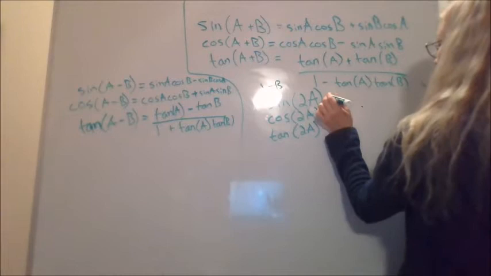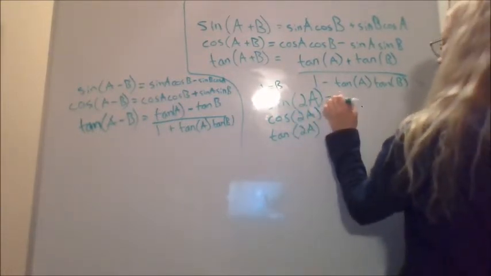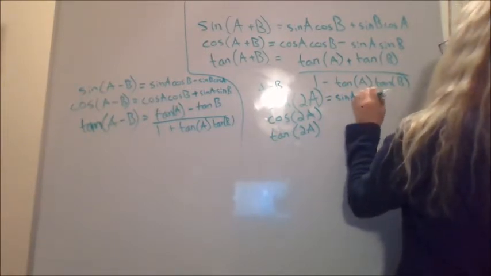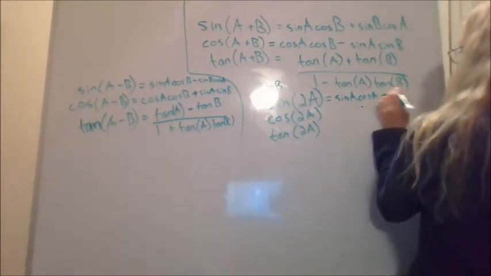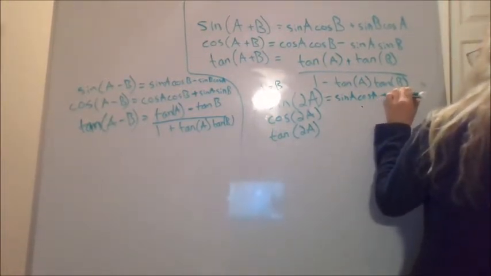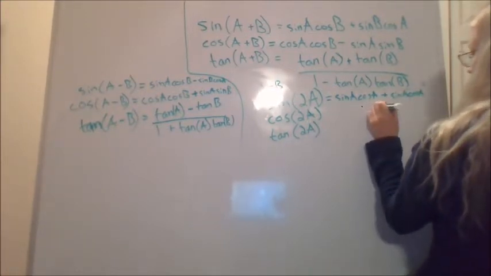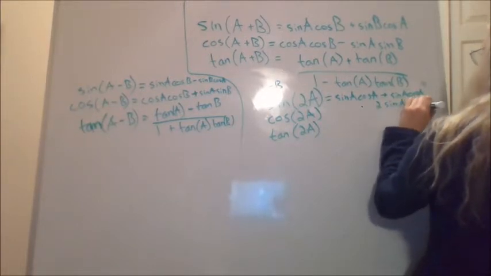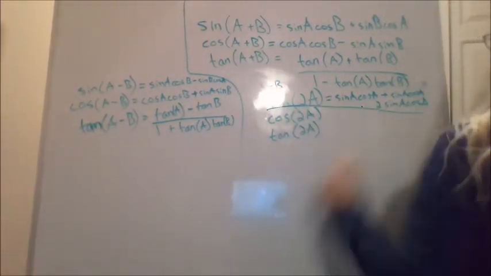So if we have sine 2A, we can convert this to sine of A cosine of A, because 2A is just A plus A, plus sine of A cosine of A. So we really have 2 sine of A cosine of A. I should have given myself more room, but that's what we have.